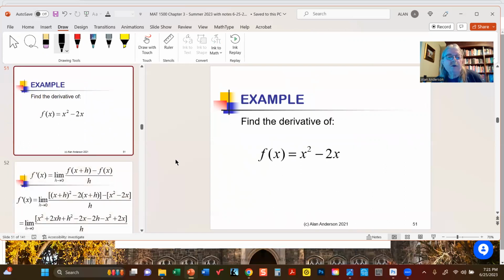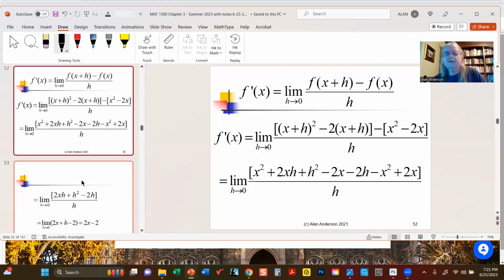Now let's do this example. We're going to use the same approach. So f of x is x squared minus 2x. So here's the definition that we're looking for. F of x plus h will therefore be x plus h squared, and then we have minus 2x.